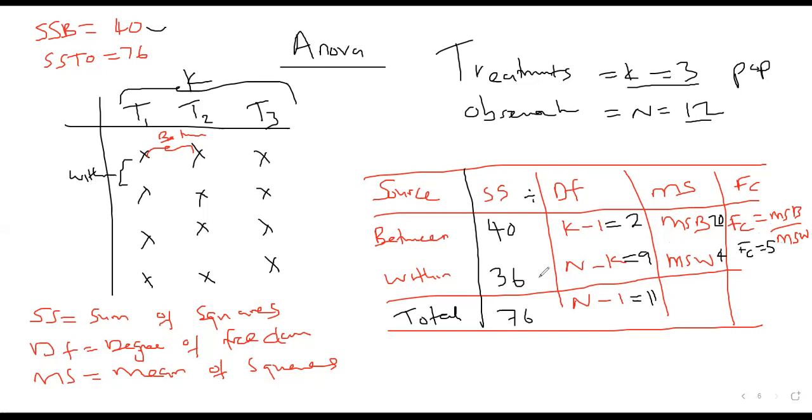Let's start afresh. We're given 40 and 76. Can somebody remind us, how did we get the 36? It's the difference between 76 and 40. Yes, the difference. Then how did we get the 2 and the 9?